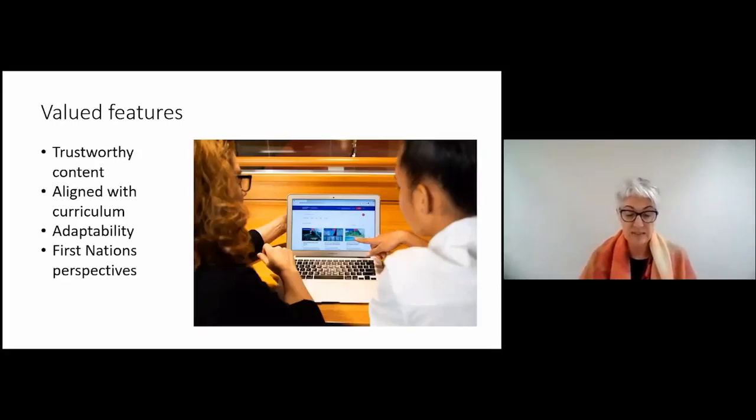Early conversations indicated that teachers are time poor, always looking for trustworthy, high-quality resources that are aligned to curriculum. They like to be organised, they want adaptable resources, and they are always looking for resources to support their teaching of First Nations perspectives.